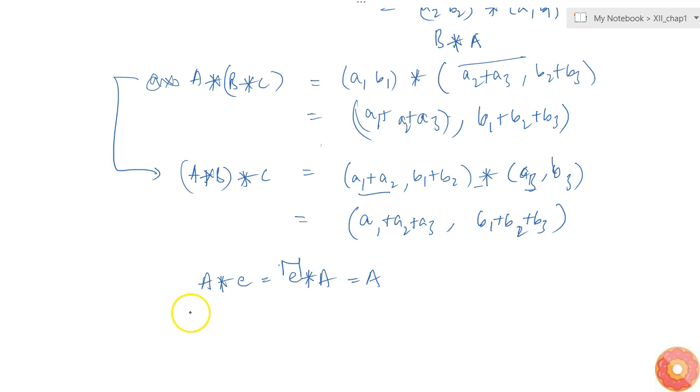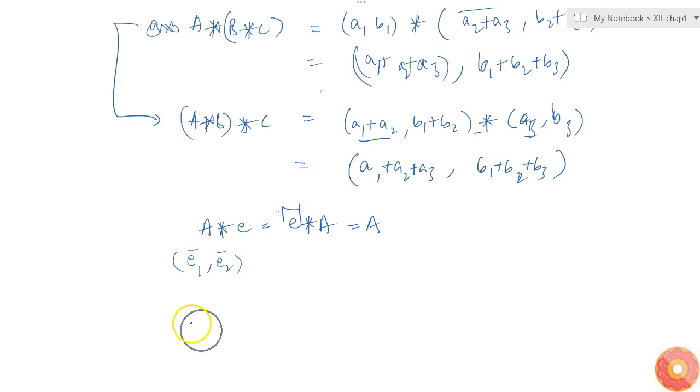So here let's say (e1, e2) is the identity. We have two elements in a single element, so we need two different elements to find out.